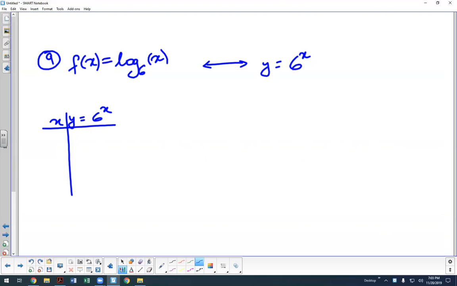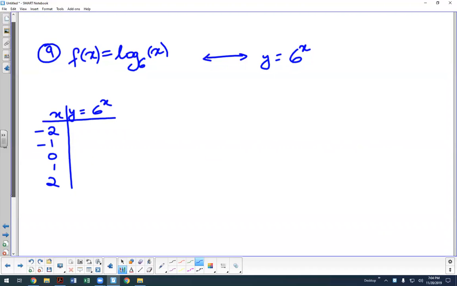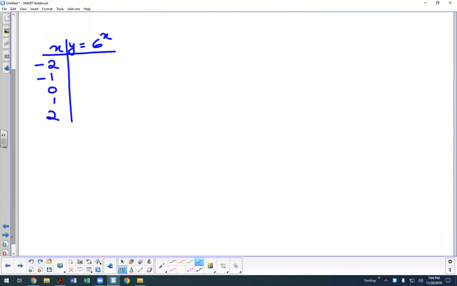Remember, again, we can use our 5 points to help us out with the graphing. So if you will go ahead and calculate those ordered pairs and tell me what you come up with.